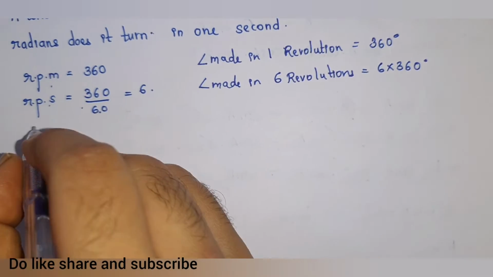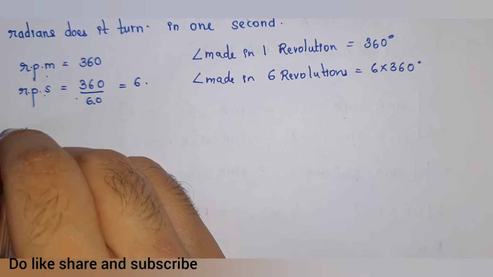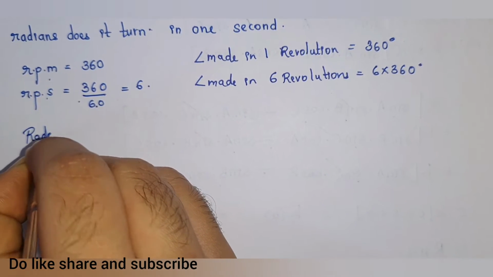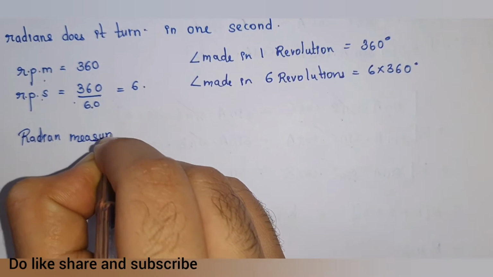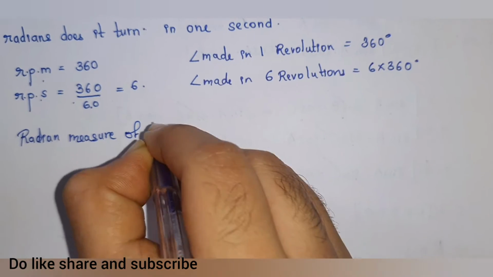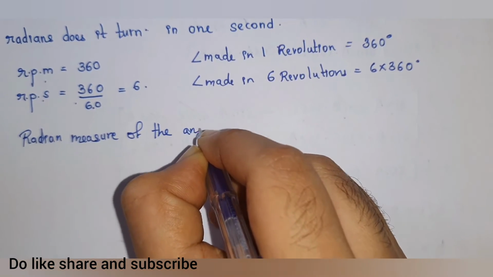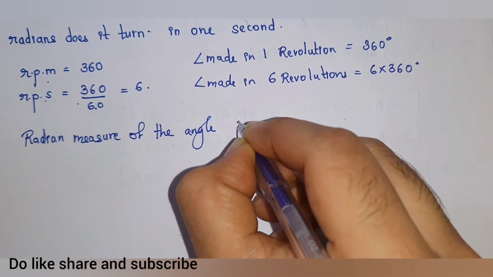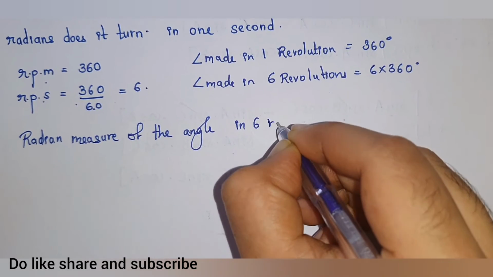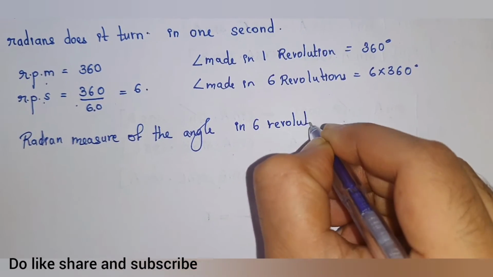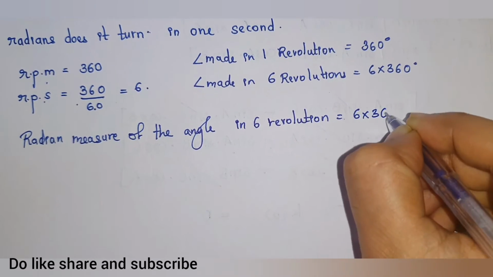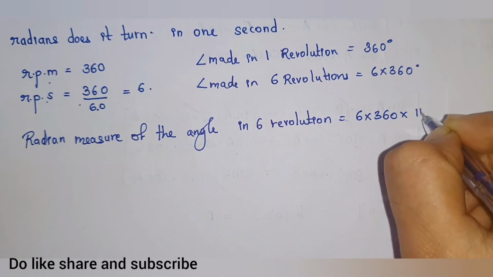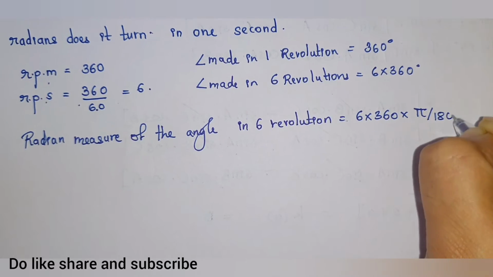Now, radian measurement. The radian measure of the angle in 6 revolutions will be given by 6 into 360 into pi by 180.